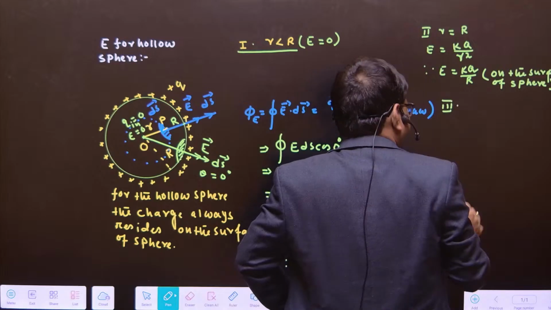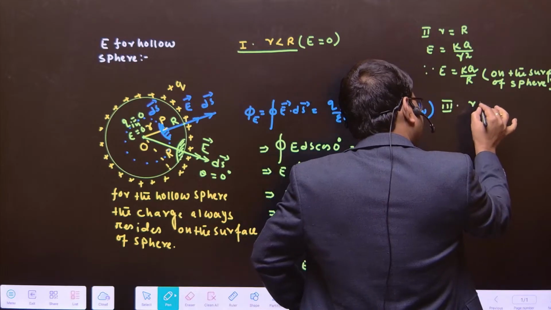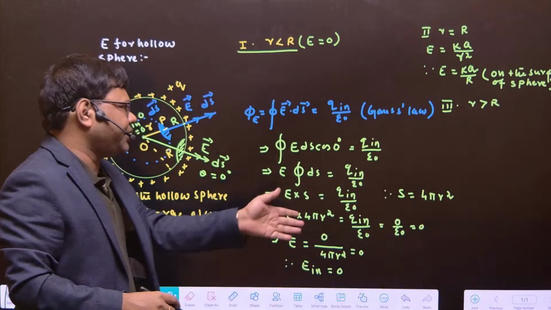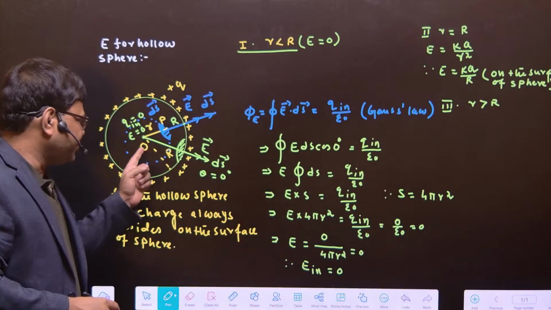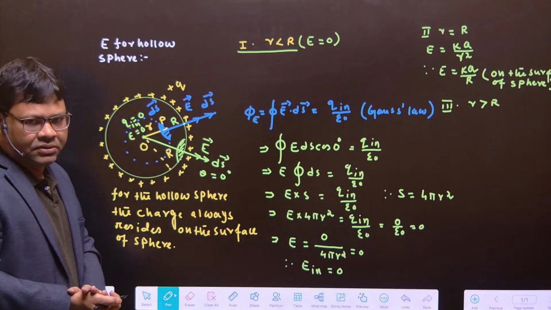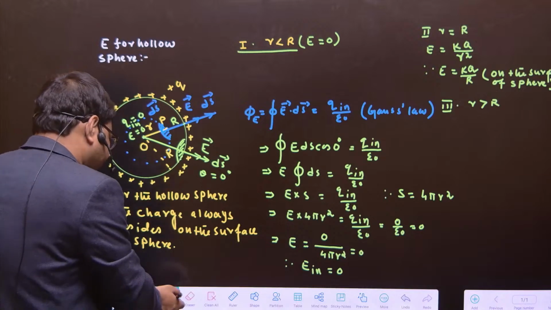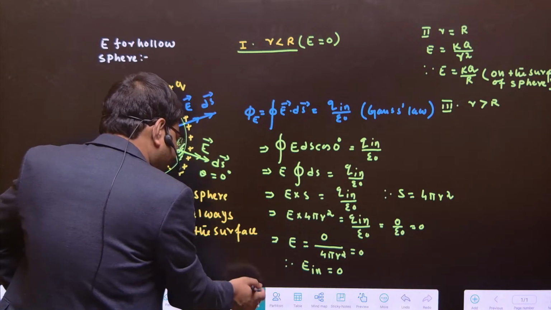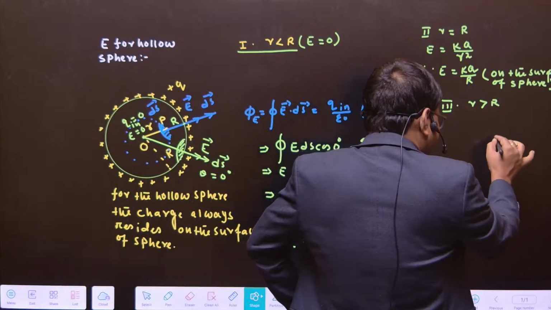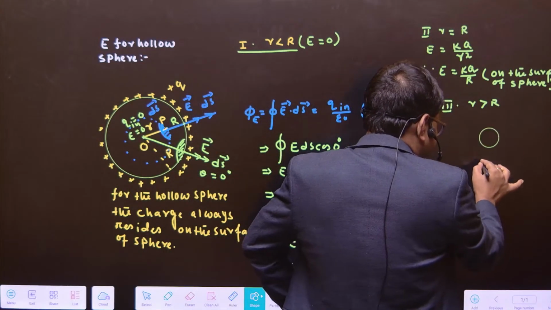Number 3 case: r greater than R, meaning greater than the radius of the sphere. Now we have to assume a point outside of the sphere. The diagram will be like this. Again I am drawing this diagram. This is the sphere.